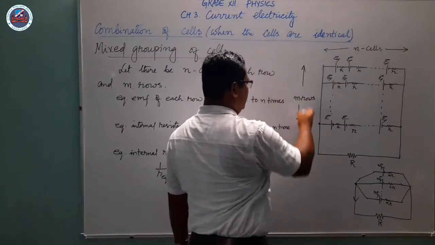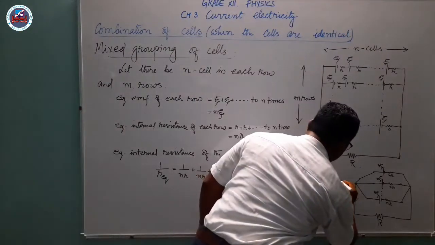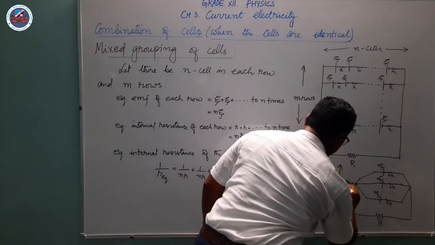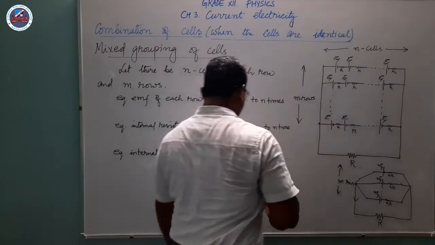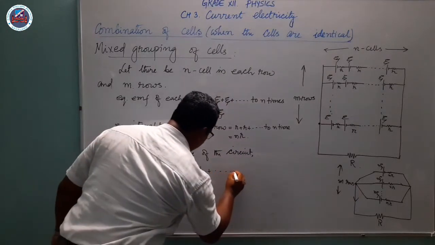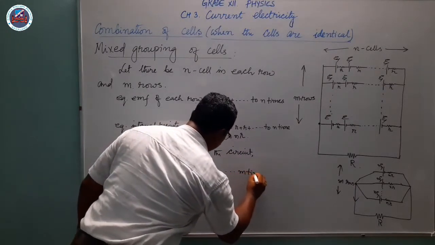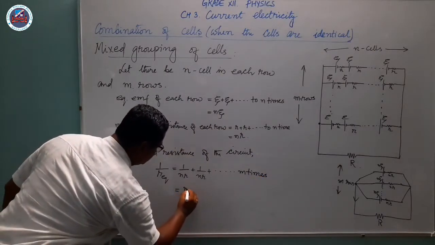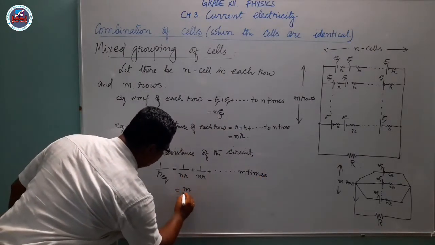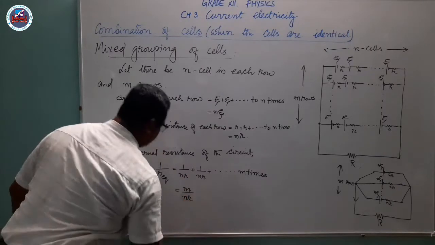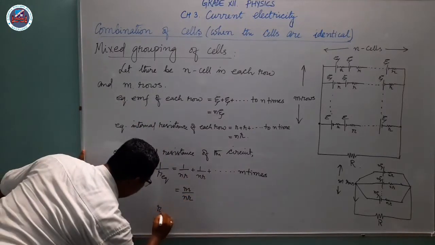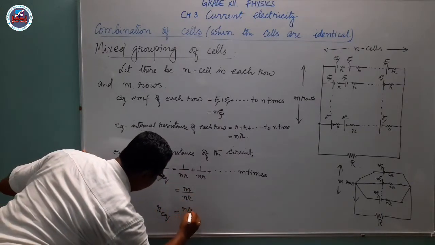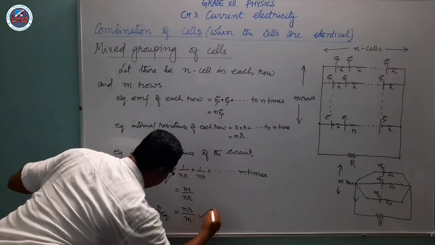You know there are m rows. So it will be up to m times. So you get m times 1 by nR, or m by nR. So R equivalent, if you take the reciprocal, will become nR divided by m.